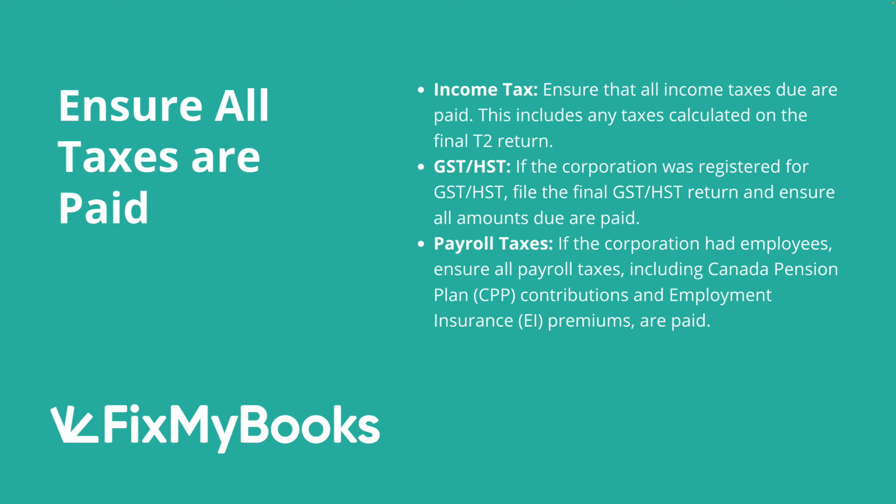Make sure that you still file their T4s the following January. That's still needed. This is quite an important one, because sometimes people will close their company and then work out in January that they need to file these documents, and they won't be able to because the company is closed. So make sure that you file these before totally closing off everything.